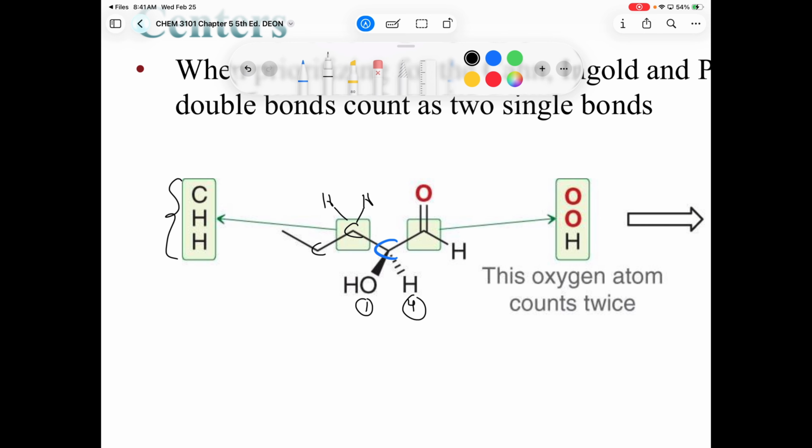So it's like oxygen, oxygen, and then the hydrogen on that aldehyde group, okay? And obviously, oxygen beats out carbon, and so the aldehyde group is going to be higher priority than the propyl group that's over there. Does that make sense?